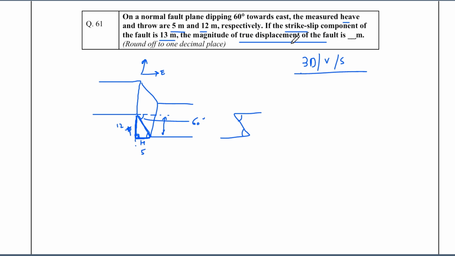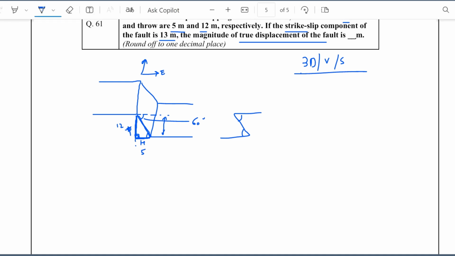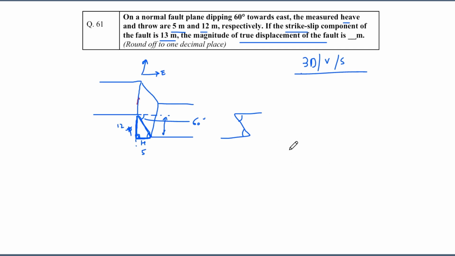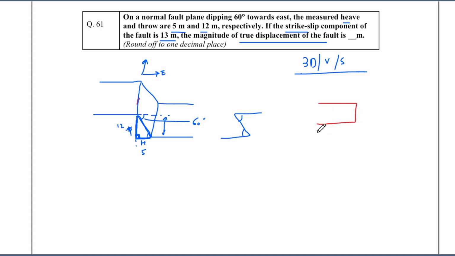Now, if the strike slip component of the fault is 13 meter, one more condition there. I will just change the color. The second step: strike slip component means in plan view how much it is displaced.